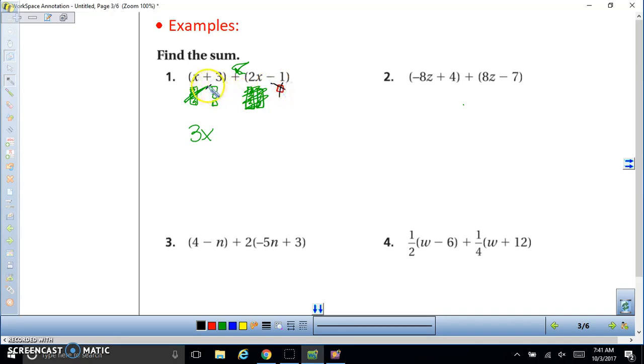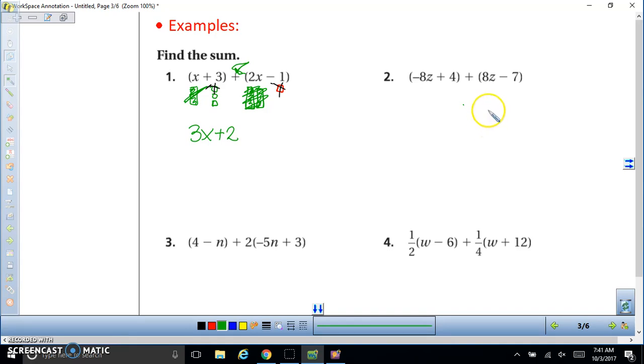A positive and 1 negative make a 0. Okay, all we have left now is that positive 2 right here. So in our algebraic expression, we are going to write down 3x plus, we have those 2 remainder after we add in that 2 pair right there. So plus 2.